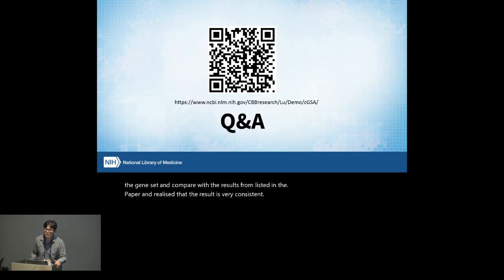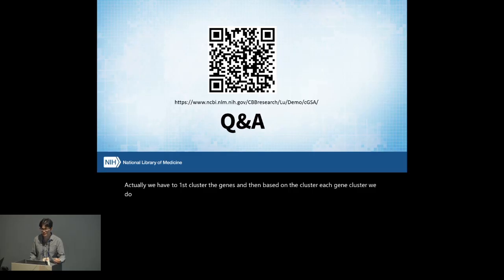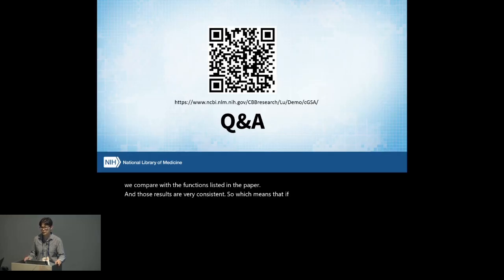Actually, we first cluster the genes, and then, in each gene cluster, we do gene set analysis, find the functions and pathways, and compare with the functions listed in the paper. Those results are very consistent. So if users use CGSA, that will save a lot of time in gene set enrichment analysis.